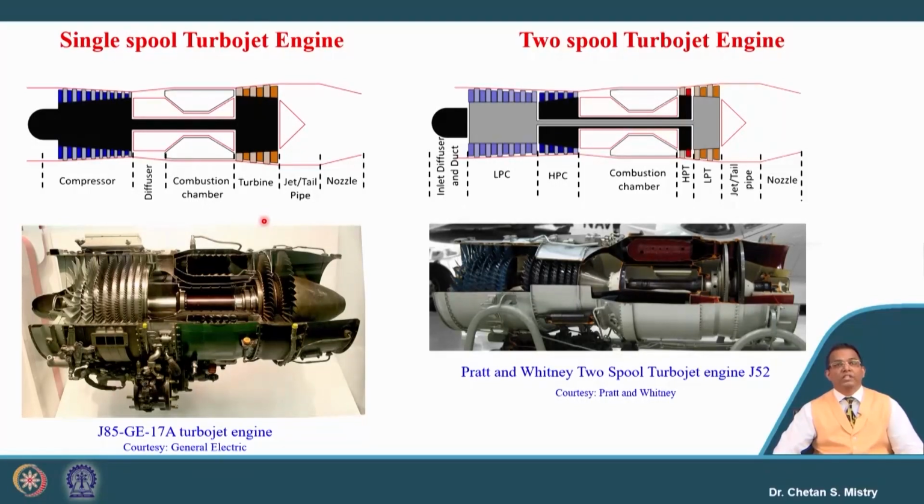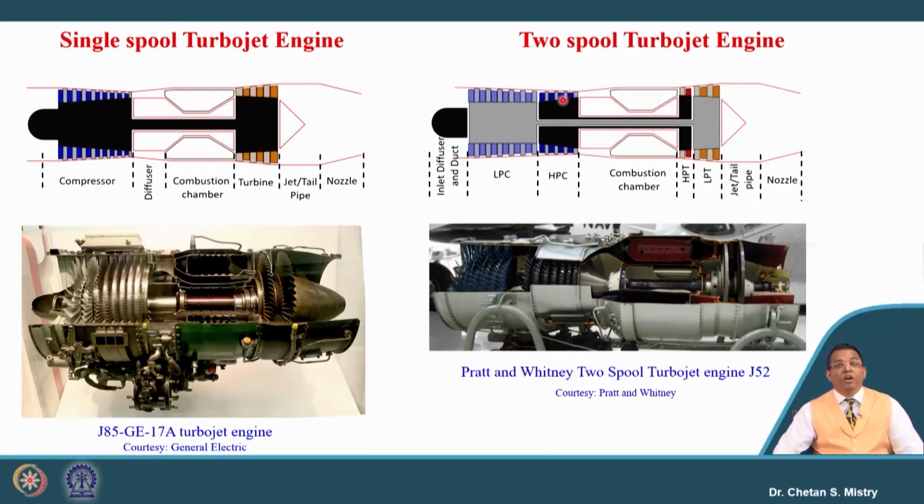Then we discussed the two spool configuration. We have realized the initial development of the engine was with the single spool configuration. Later on, as per the thrust requirement, and special requirements for transport applications where the thrust requirement increased, it became necessary to configure the engine with two spools.